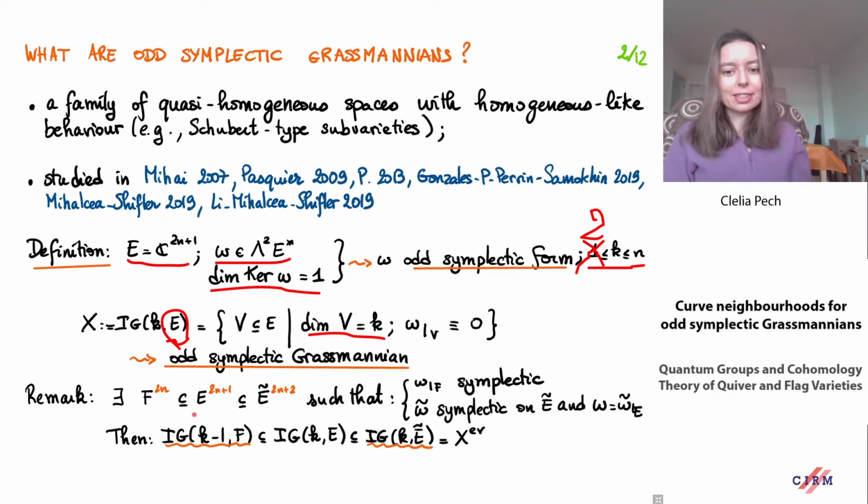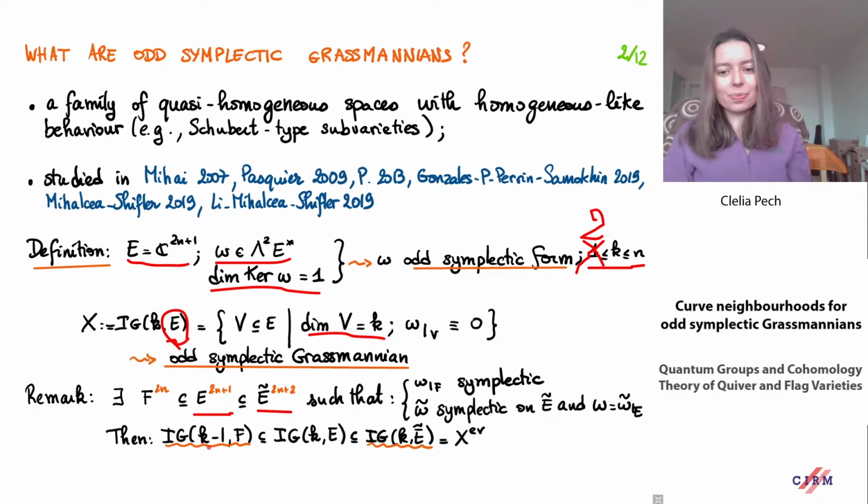This is because I can embed my odd-dimensional vector space, which I use to define the odd symplectic Grassmannian, into a larger even-dimensional vector space, and my odd symplectic form omega, I can extend, well, non-uniquely, to a symplectic form on this larger space.